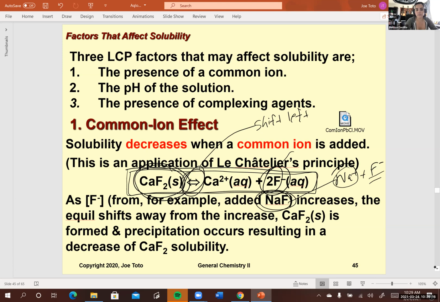Yeah, exactly, because more calcium fluoride is being formed. So the solubility, in effect, goes down. It decreases. So there you go. You have your first Le Chatelier's principle effect on the solubility.